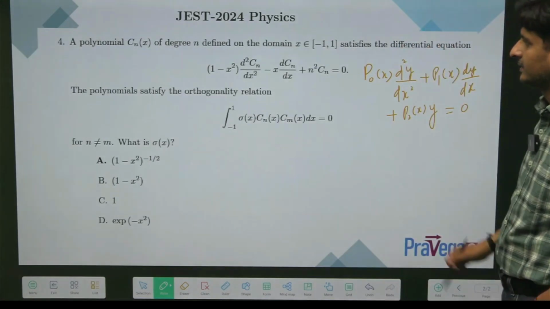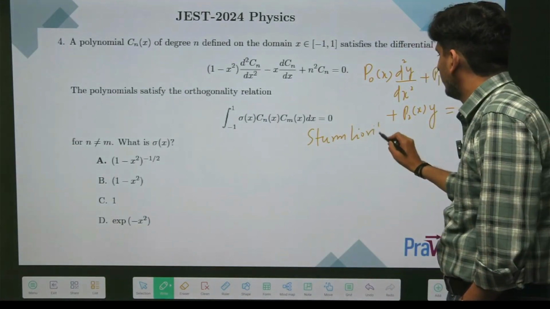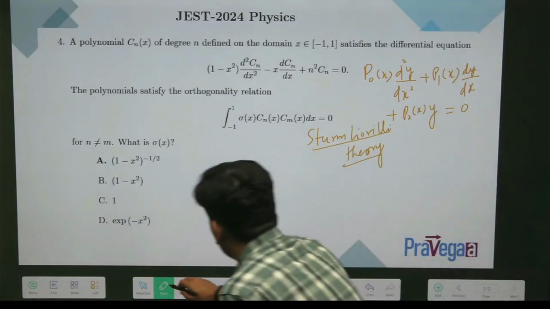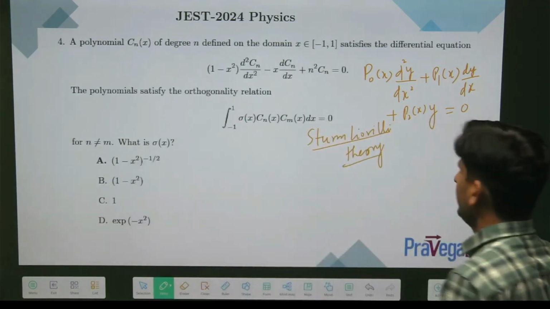Such equations are handled using Sturm-Liouville theory, which is based on problems involving eigenvalues.